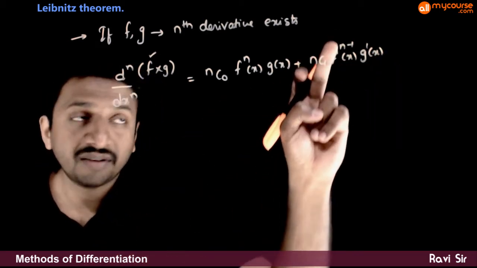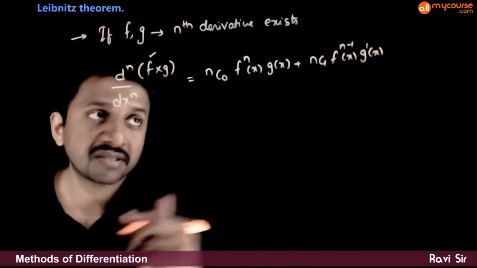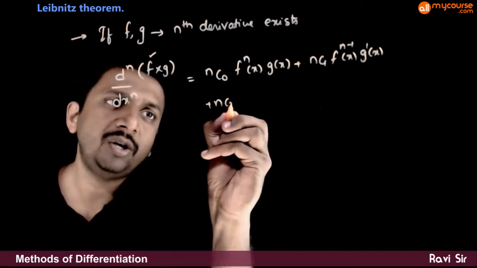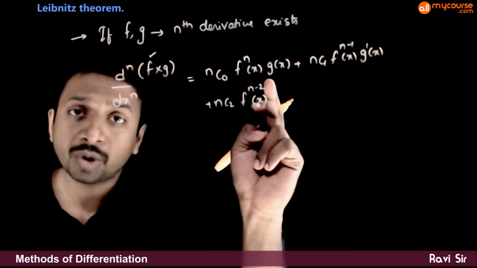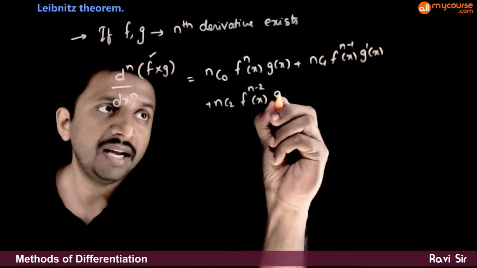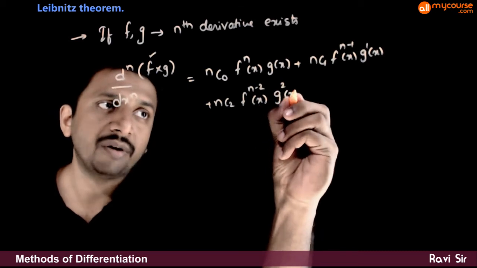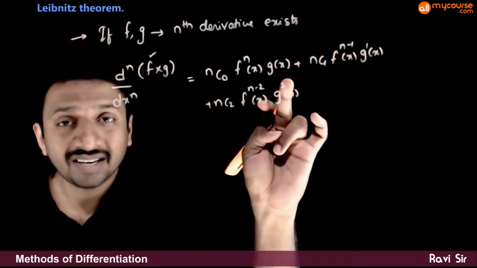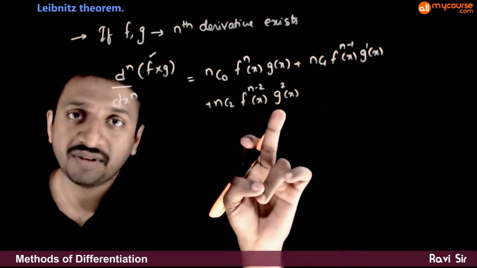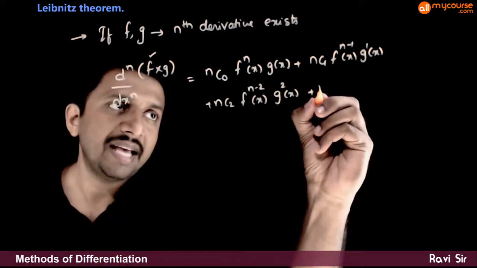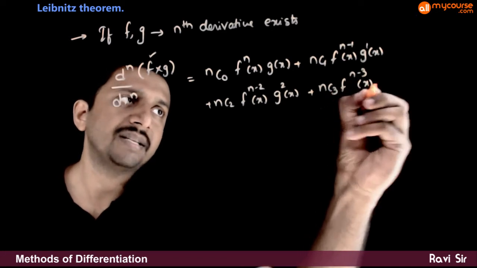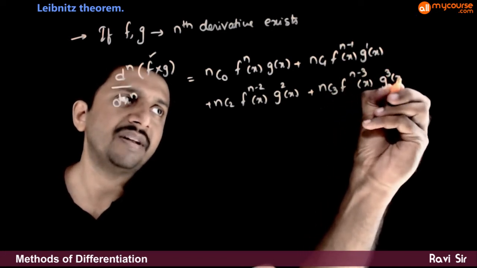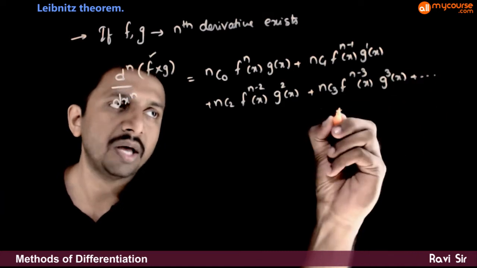Plus nC2 times f^(n-2) of x, that is the (n-2)th differentiation of f of x, into g double dash of x, the double differentiation of g with respect to x, plus nC3 times f^(n-3) of x times the third differentiation of g, and so on.